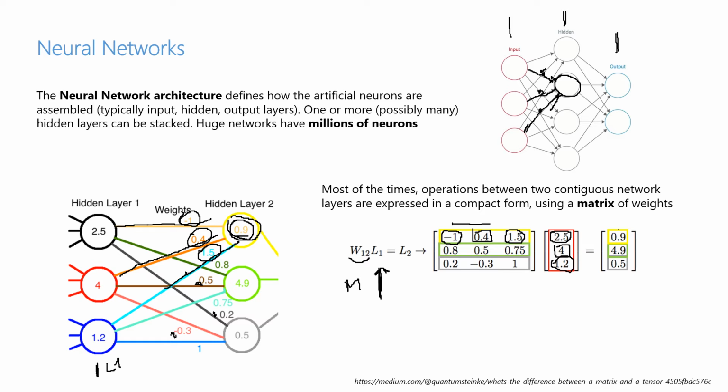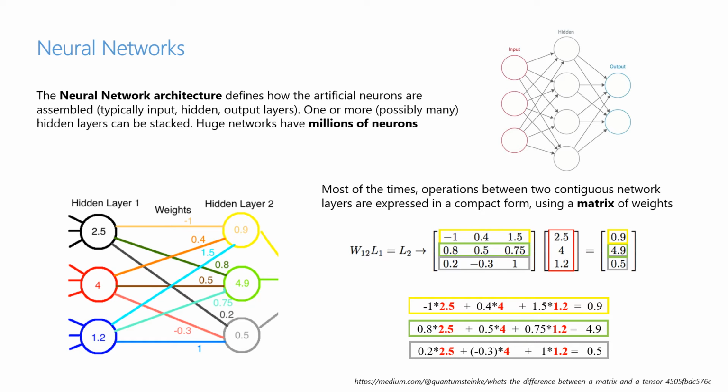We do the same for the second row, we get 4.9. We do the same for the third row, we get 0.5. We can see all the expressions here on the lower right, and we see that the input layer that we had, layer 1, is made of the red values.